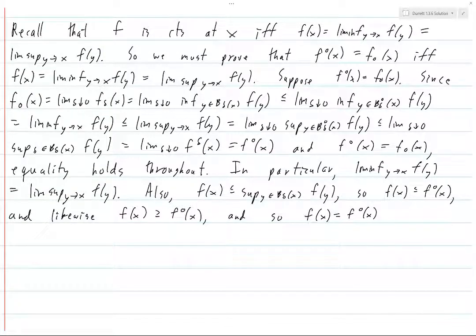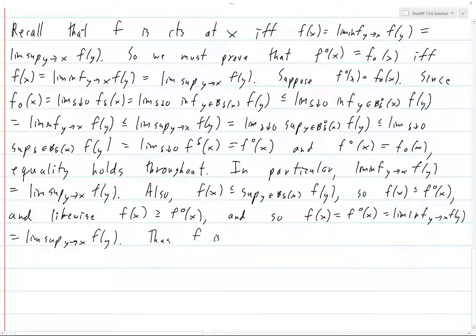And so f of x equals, in particular, f upper 0 of x, which we know, by the earlier inequality, is also equal to the lim_inf as y goes to x of f of y, which is also the lim sup as y goes to x of f of y. Thus, f is continuous at x.